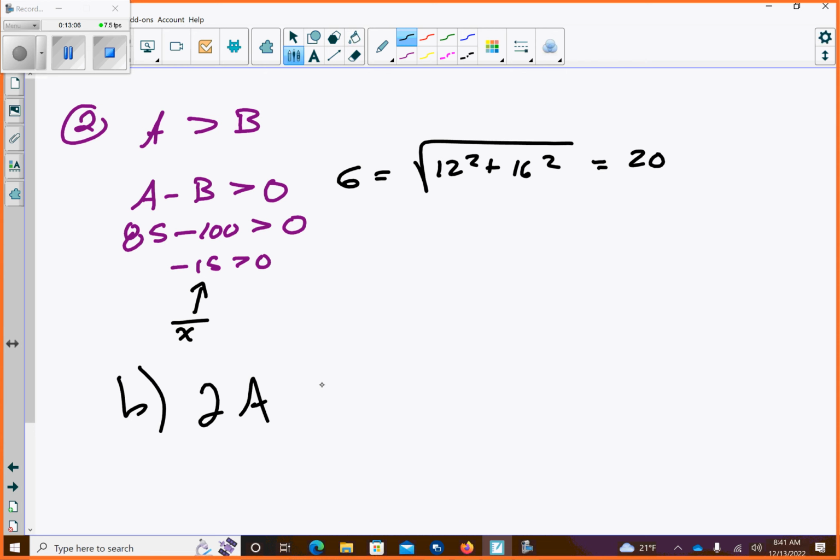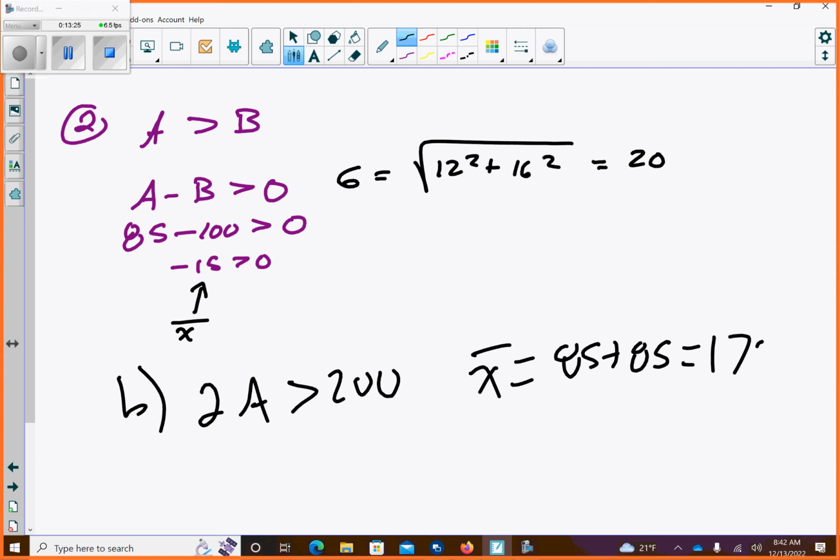Okay? And then we want B, 2 apples that have a total weight greater than 200. So the mean in this case, the mean of the apples is 85 plus 85. So we're going 160, 170. That's what our mean is.